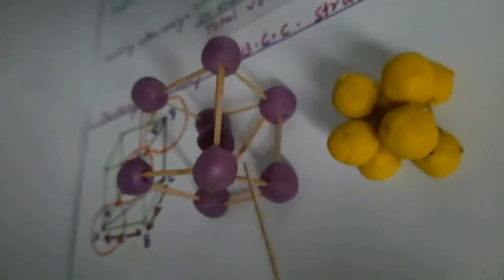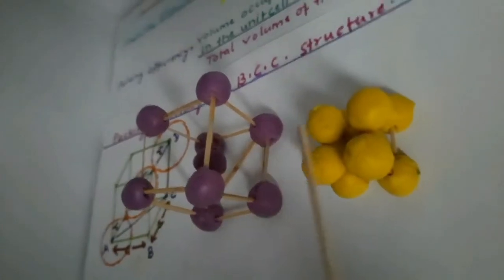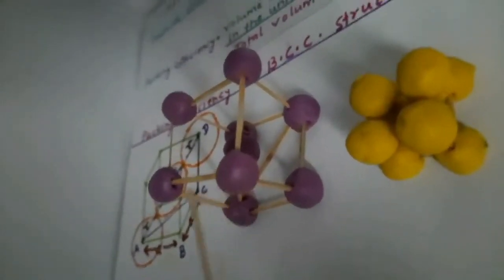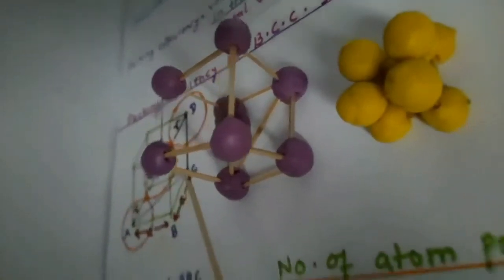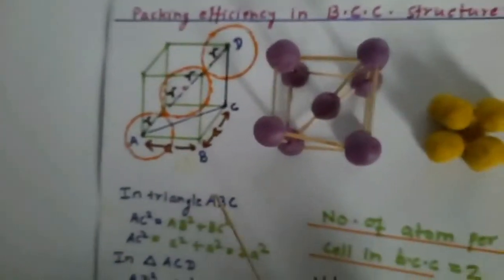Now let us take these three spheres 1, 2, 3 which are placed along the body diagonal, their surfaces touch each other. Let us study the packing efficiency with the help of this diagram.